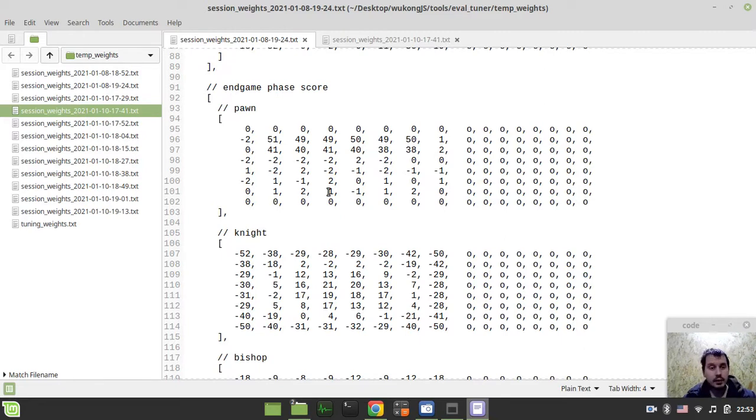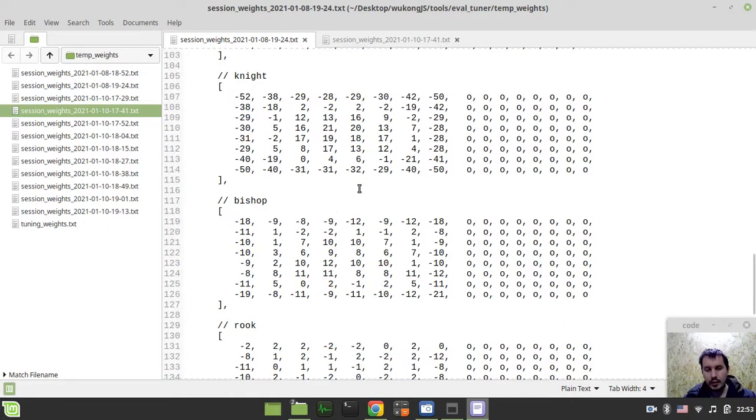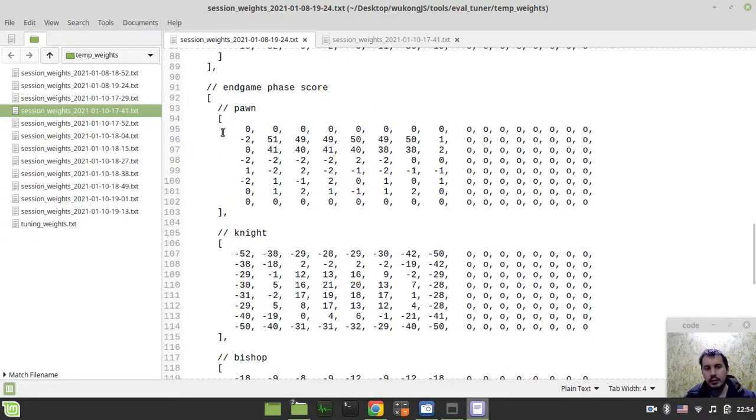So the very first achievement was to provide endgame piece-square table weights such that the version with tapered evaluation at the very least doesn't lose to the initial version without it, which was a bit of a challenge to solve. And then I started. So let's go step by step.